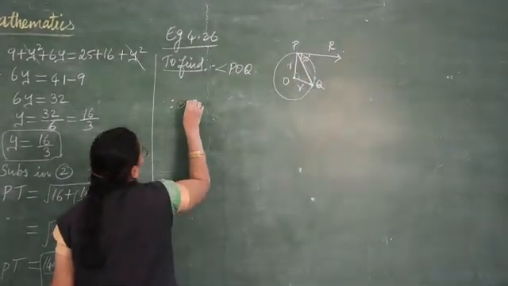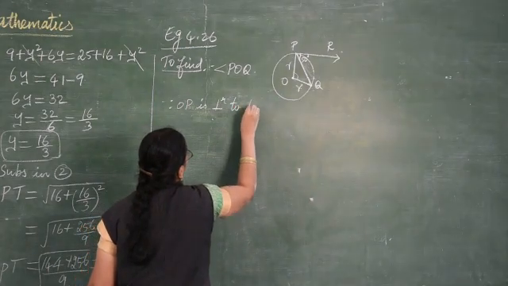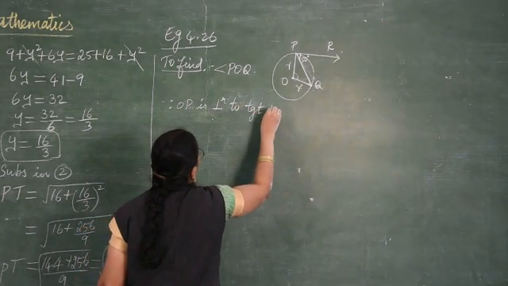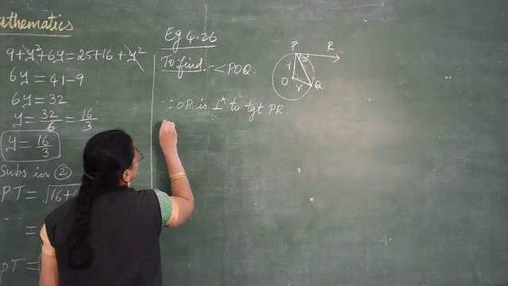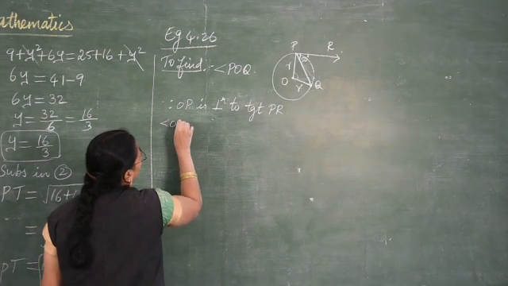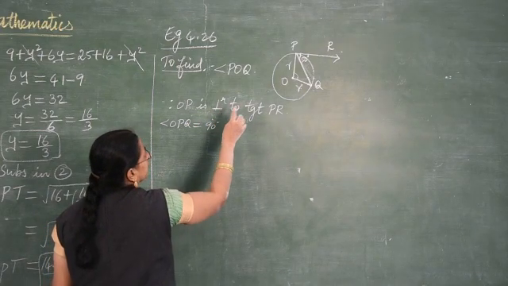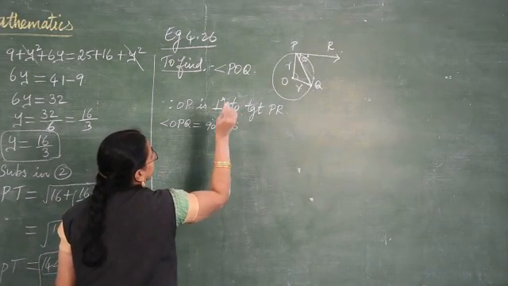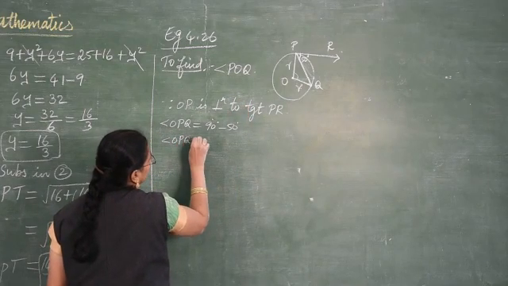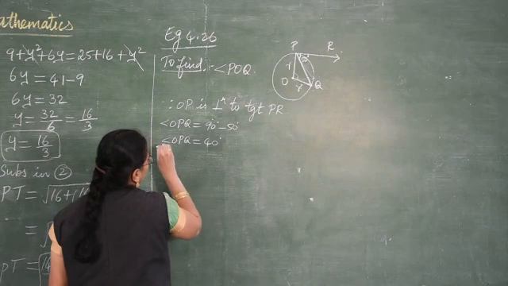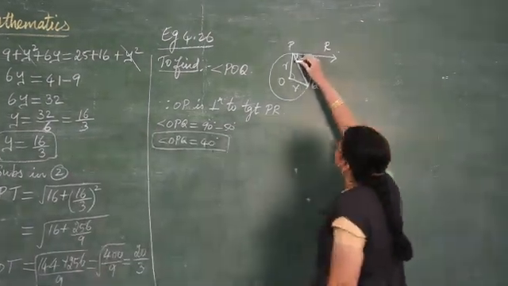Since OP is perpendicular to the tangent PR, it will make 90 degrees. So, angle OPQ equals 90 degrees minus 50. The remaining angle OPQ equals 40 degrees. So, after getting the angle OPQ, see here.